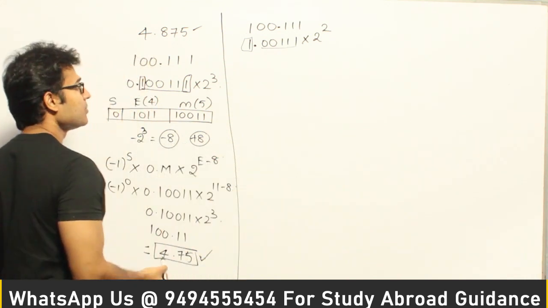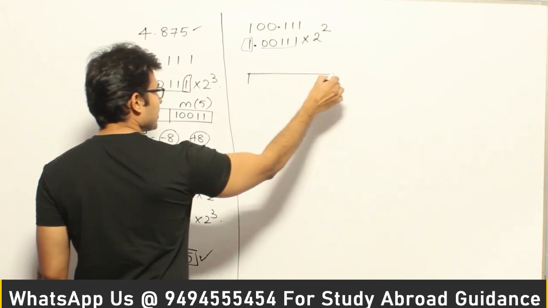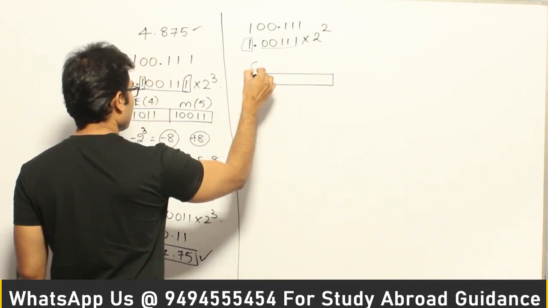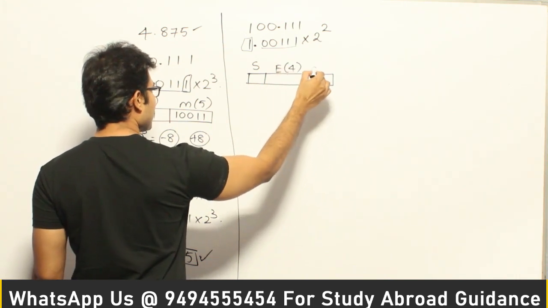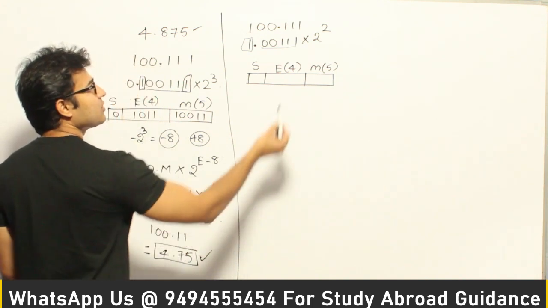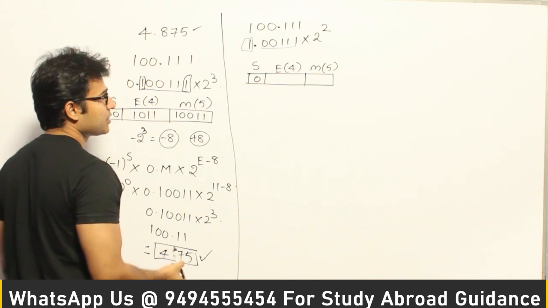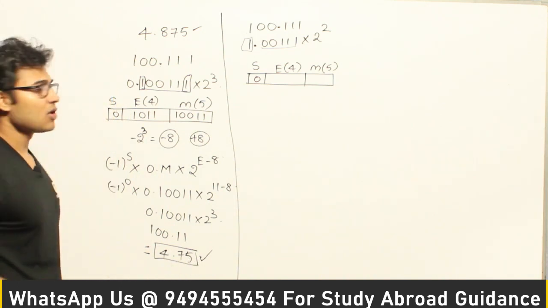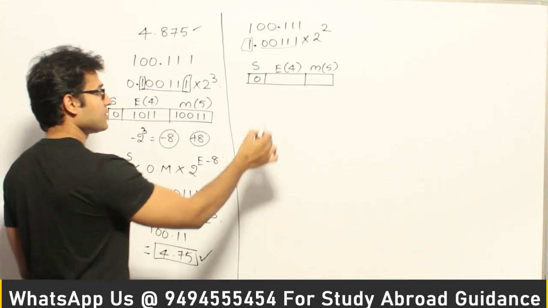Okay, so now the implicit representation says that if you are going to use this representation, one bit is sign, let us say the exponent is using 4 bits, and the mantissa is using 5 bits. Then in the exponent you are going to do the same. Sign is going to be 0 because it is a positive number, and exponent is going to be excess only. So how much excess? Excess is 2 power n minus 1, so here the excess is 8.